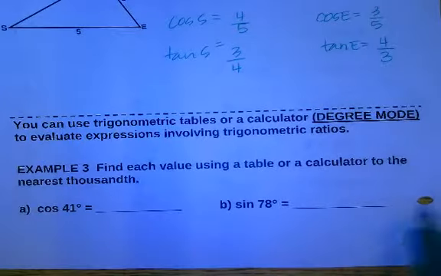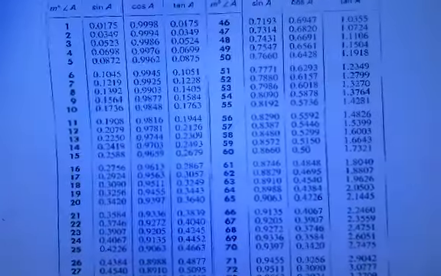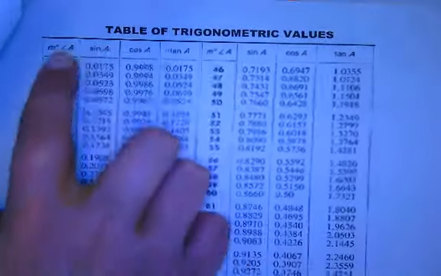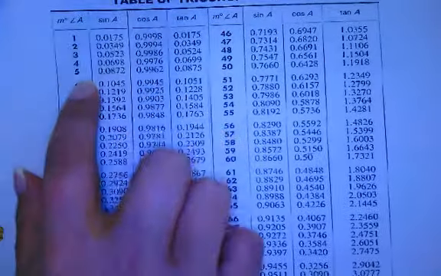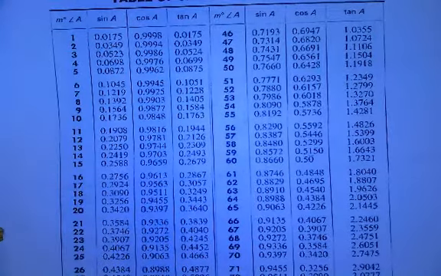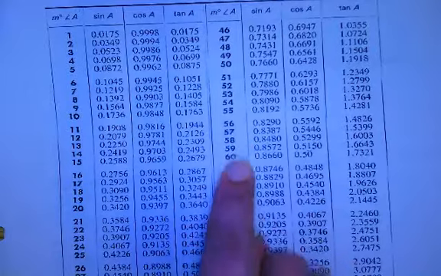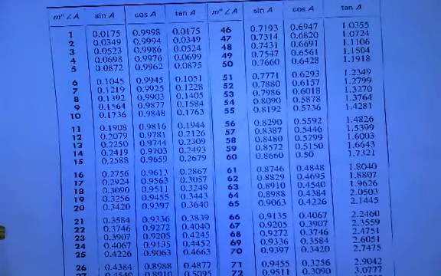Okay, there is a table on the last page of the notes in the event that you don't have a calculator that can do trig. In this column, the bolded numbers are the reference angles.